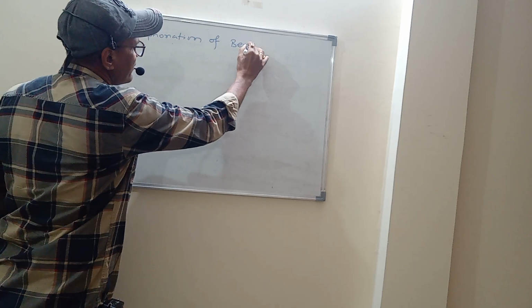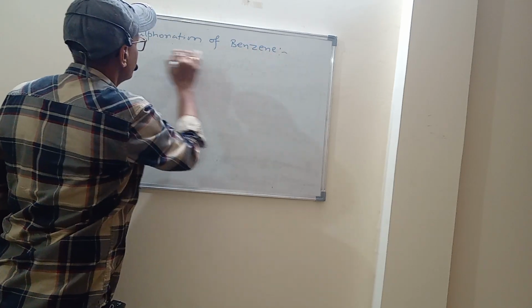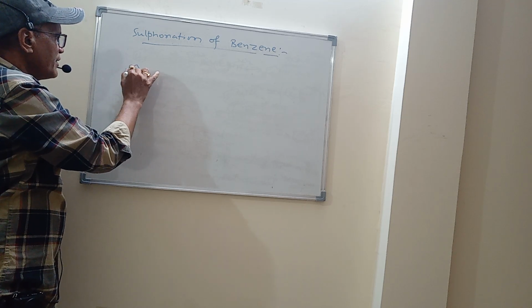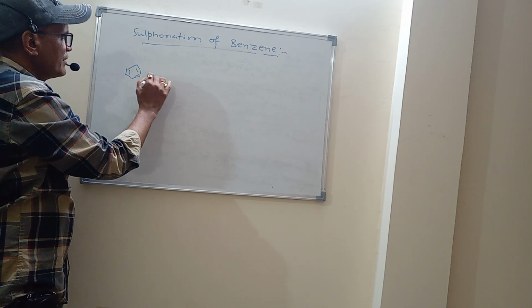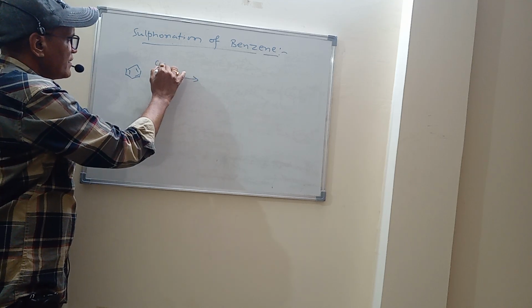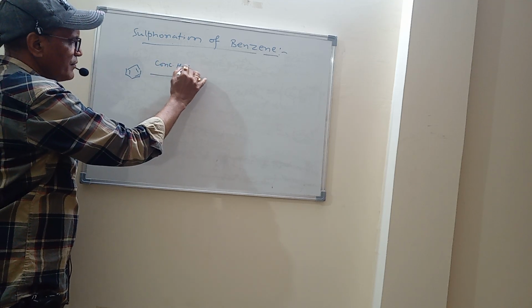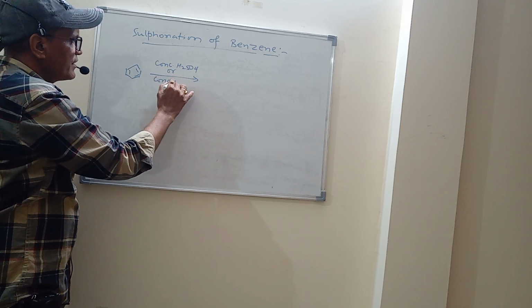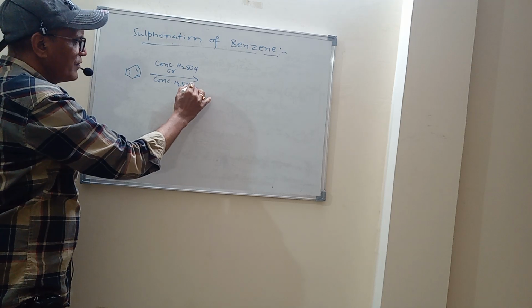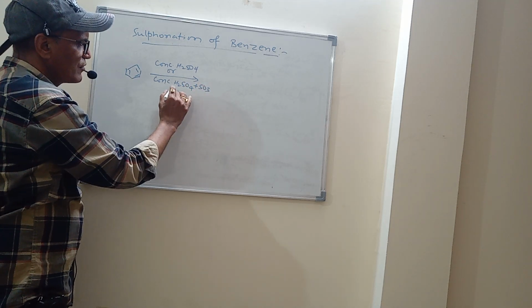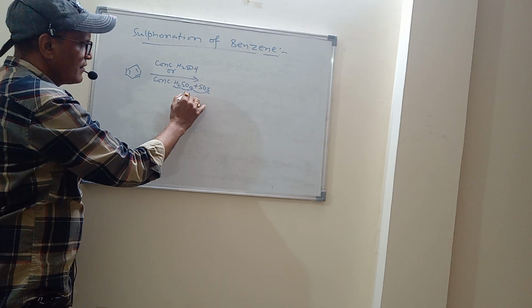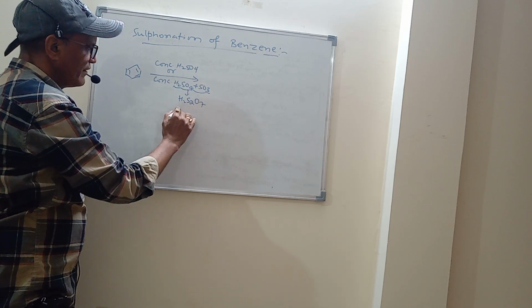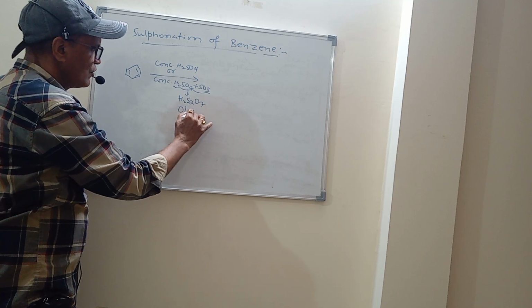Here benzene is treated with concentrated H2SO4, or with concentrated H2SO4 we take SO3 also. Combination of these two is H2S2O7. This is called oleum.